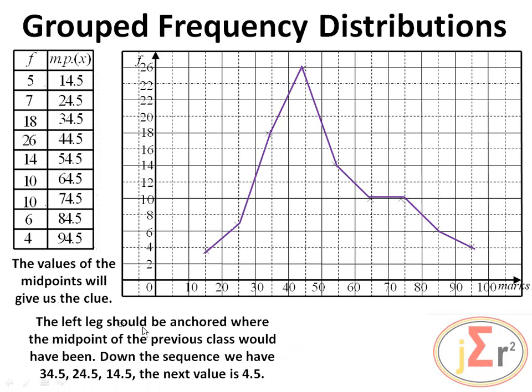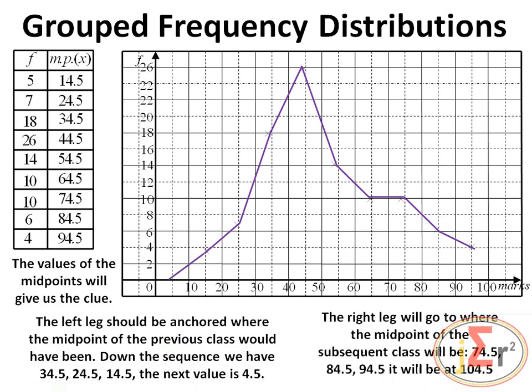The left leg should be anchored where the midpoint of the previous class would have been. So if we are going down the sequence, we are going down say 34.5, 24.5, 14.5. The next value is 4.5. So we need to meet that axis at 4.5. And where do we put the right leg?